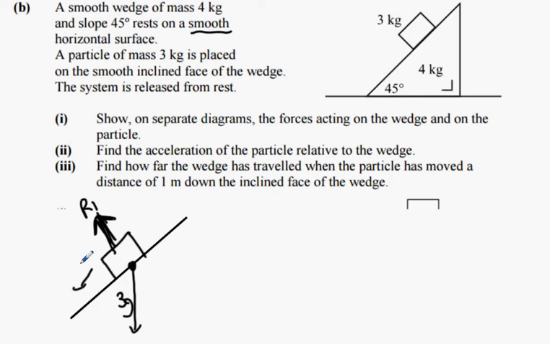So, if you were to imagine this is a wedge, not a plane. See the way it says wedge? What's the difference between a wedge and a plane? Wedges move, planes don't. So this acceleration A is the acceleration relative to the wedge. It's as if the wedge wasn't moving whatsoever. Everybody got that?